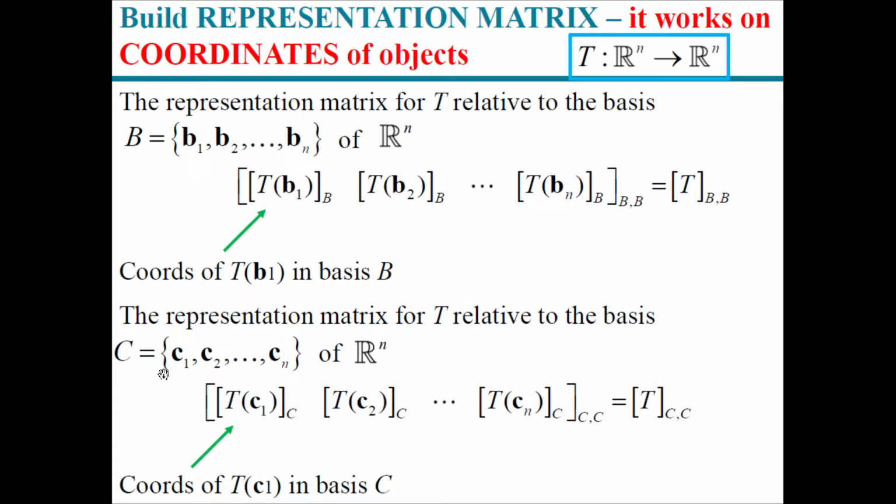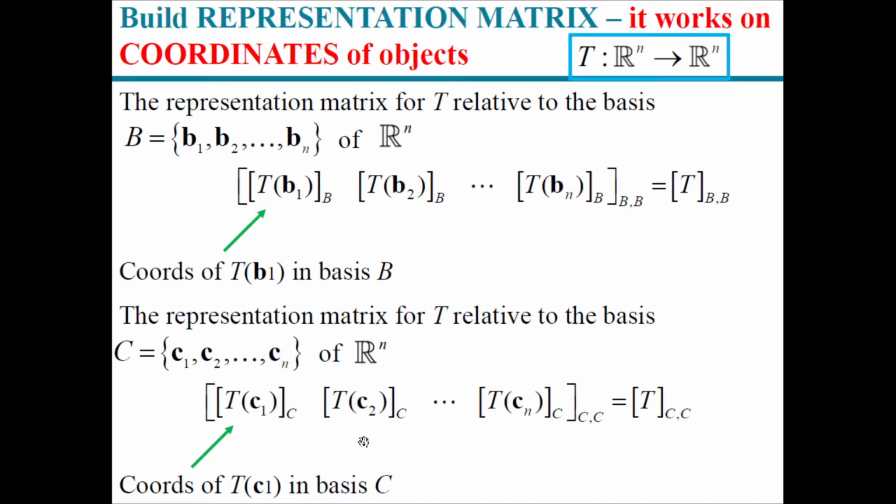Obviously, if we change a basis, if we have a basis C for Rn, so the same linear space but a different basis, the representation matrix T_CC takes as input the coordinates in C. So I need to compute T of C1, then get the coordinates of T of C1 in basis C, and then put the result in the first column.